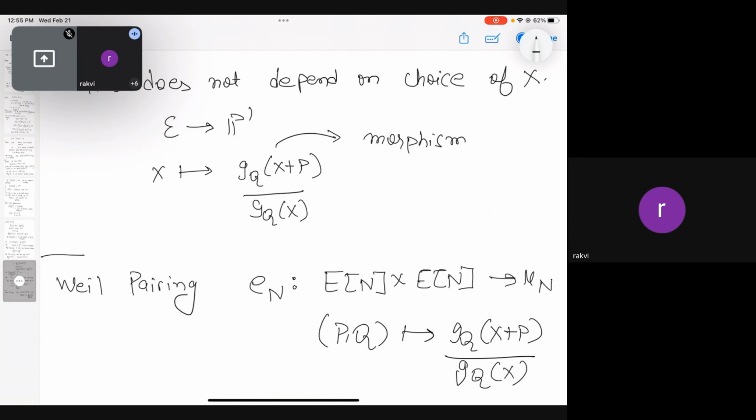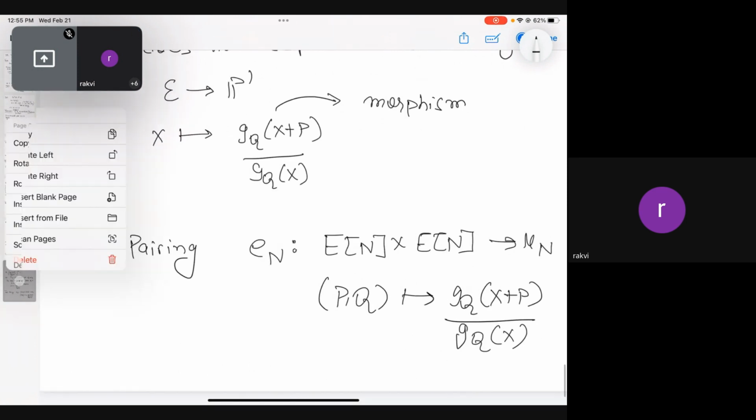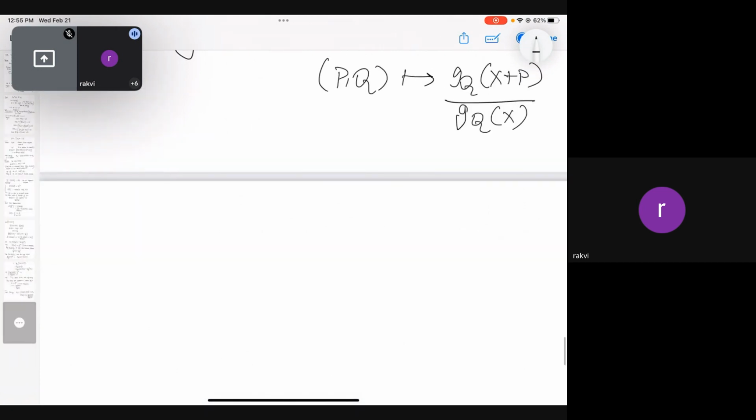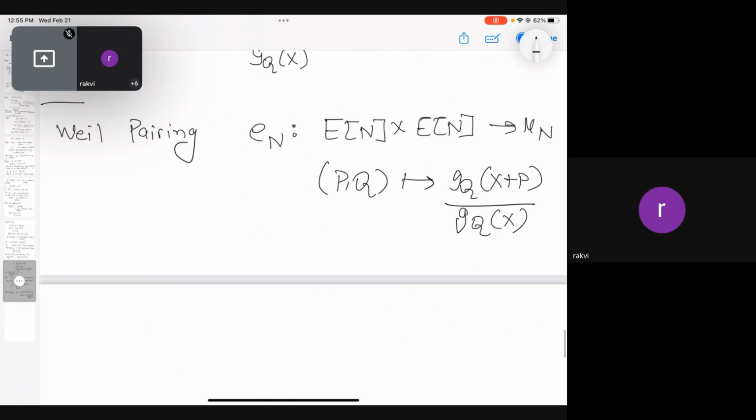But what good is a map if it doesn't satisfy nice properties, right? In the next class, we'll see how we can explicitly construct these things, these g, Q, and f, and everything. It basically boils down to doing addition on elliptic curves.